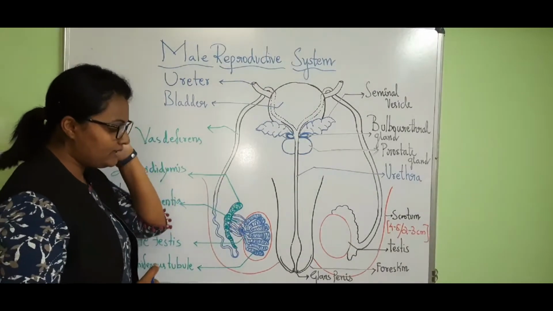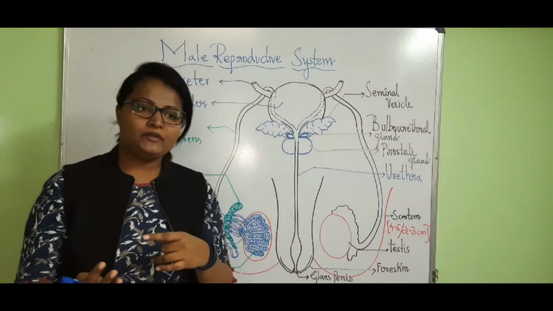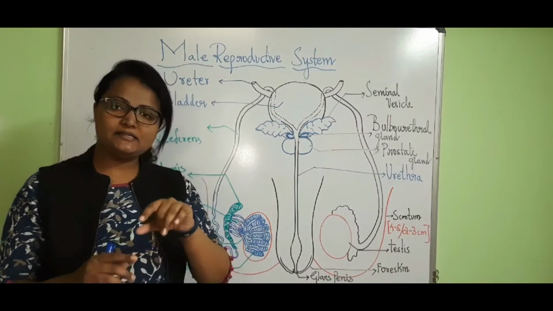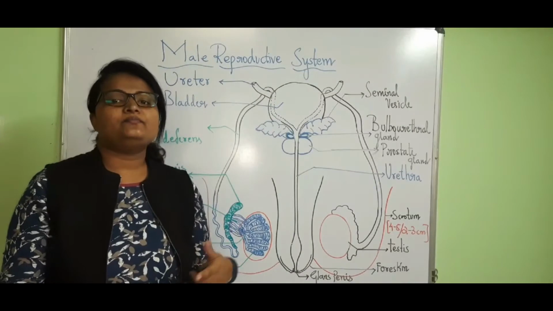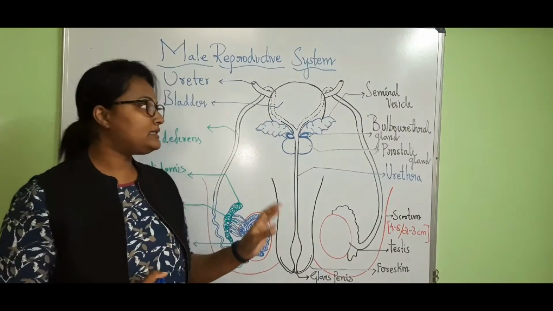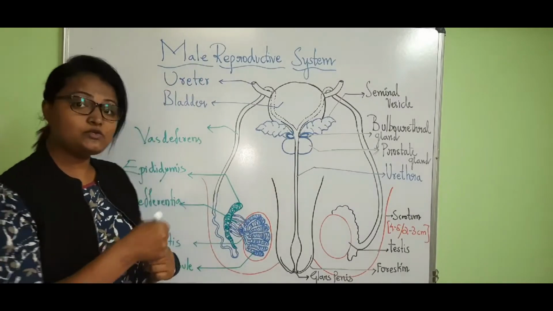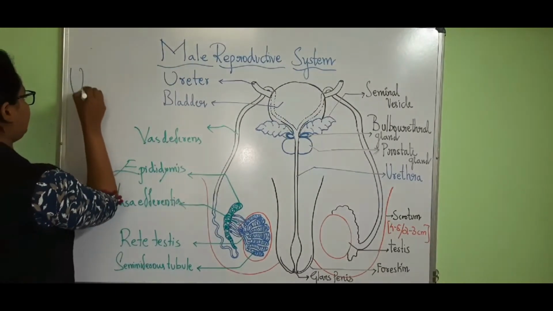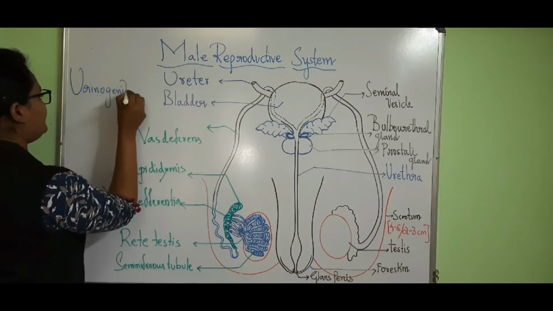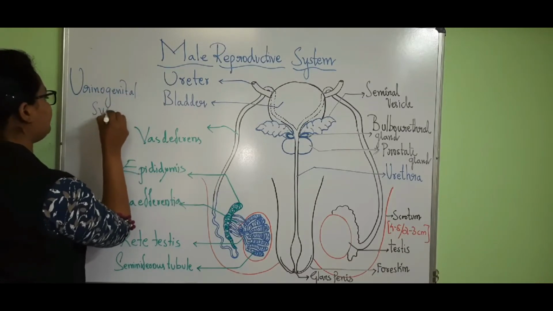One more thing here: the reproductive system in a male is associated with the excretory system. Hence this reproductive system is sometimes also called the urinogenital system.